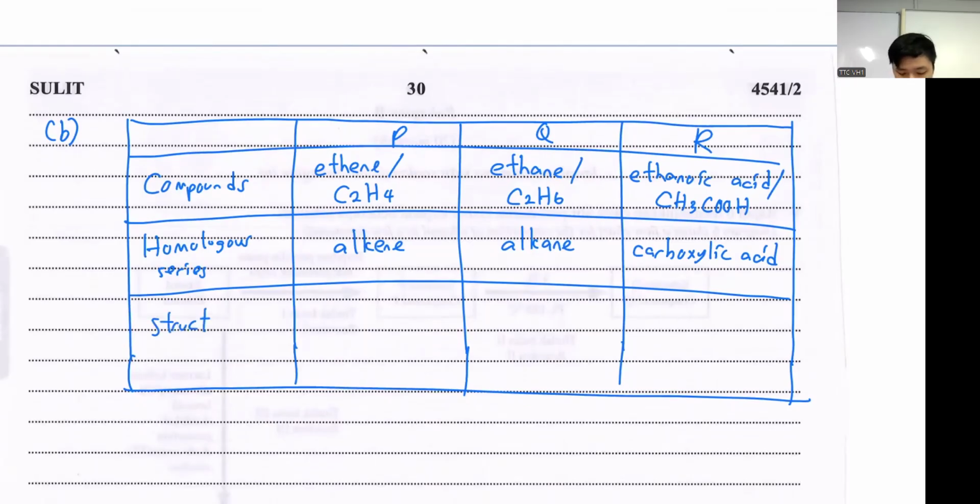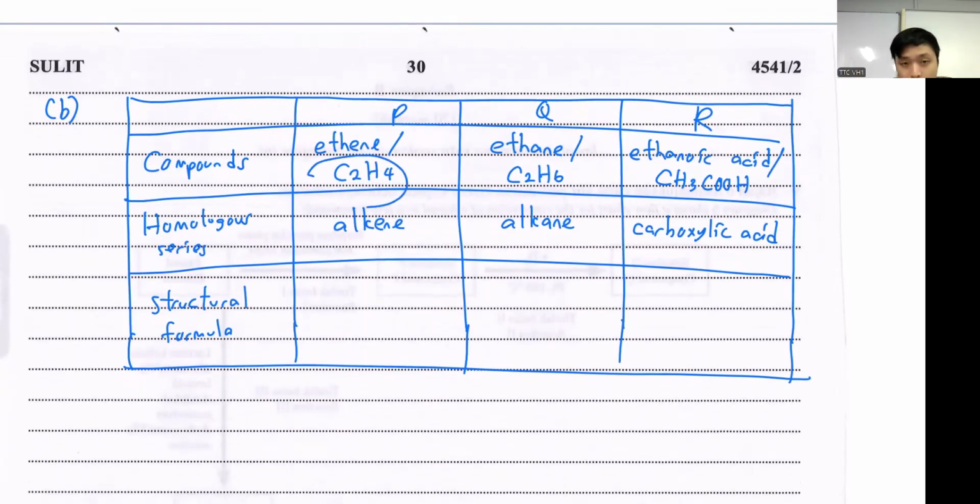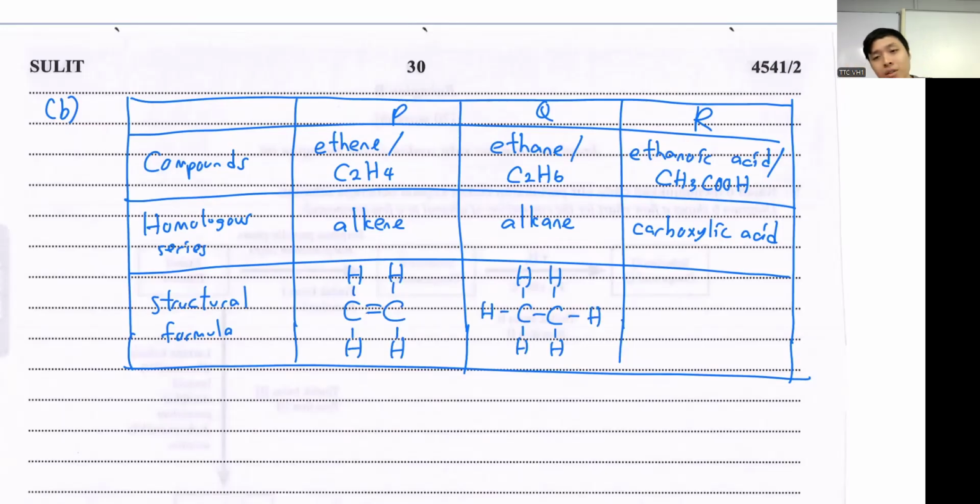Then the structural formula, how to draw? Just follow the formula. But remember, alkene has a carbon-carbon double bond. Alkane has carbon-carbon single bond with 6 hydrogens. Ethanoic acid, you draw the CH3 first. CH3.